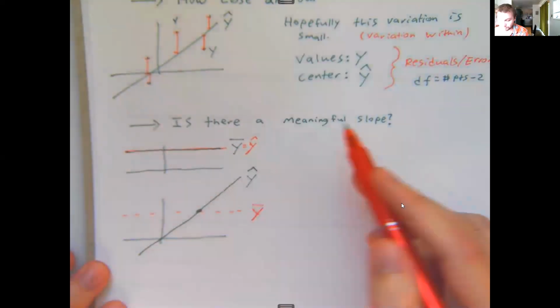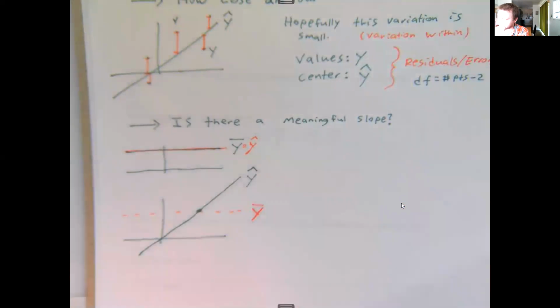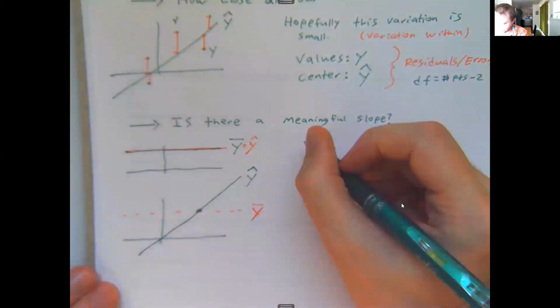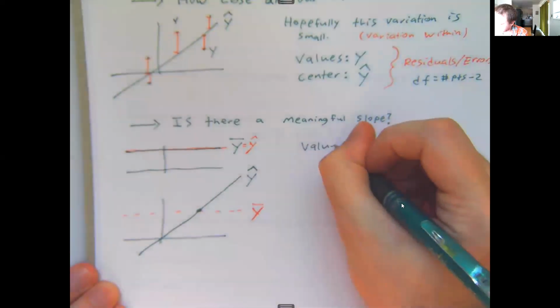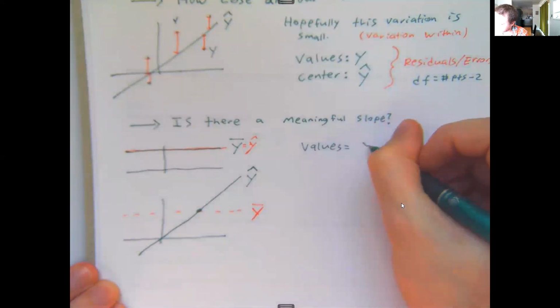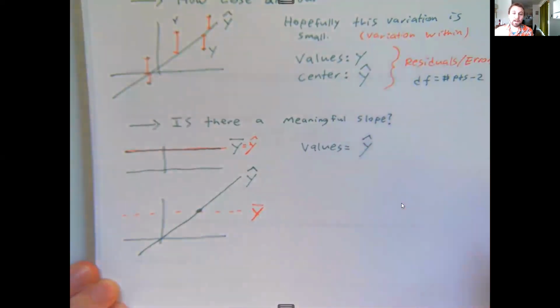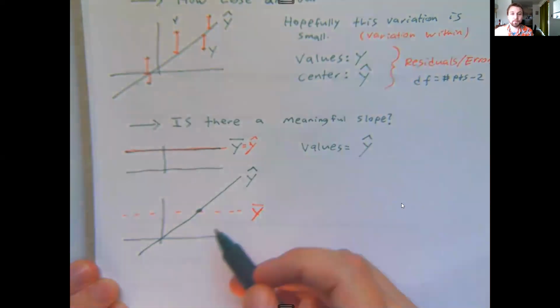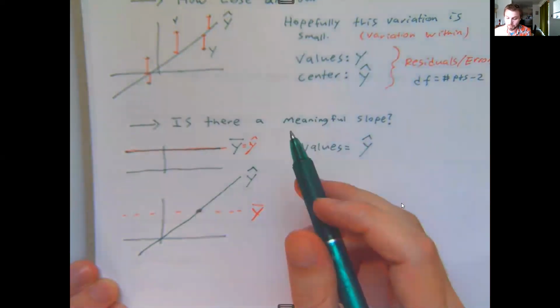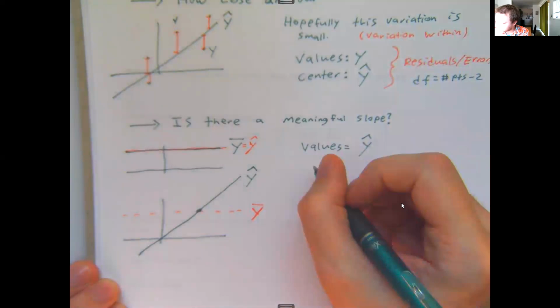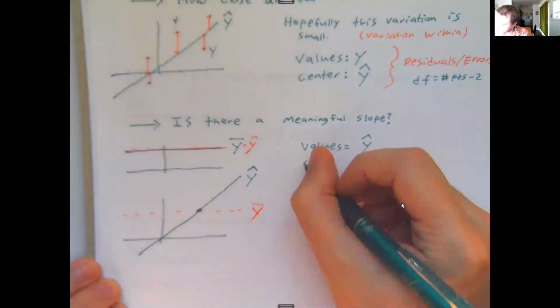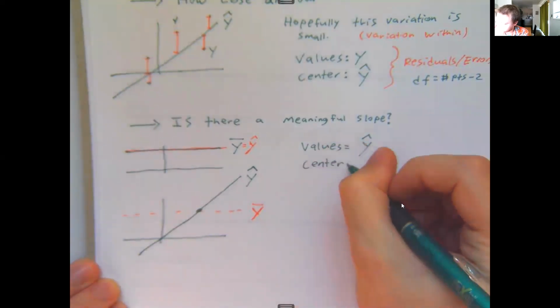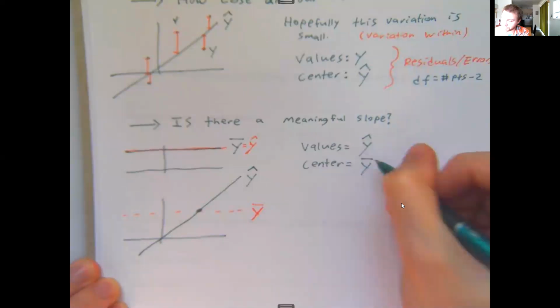So I'm wondering, is there a meaningful slope? Well, in this case, I want to look at my line y hat, and there might be many values on this line y hat, but ultimately I'm treating this like a single line here. And I'm comparing this to my center value, y bar, if it were flat.